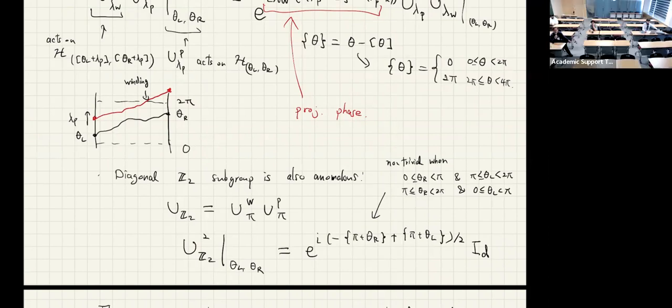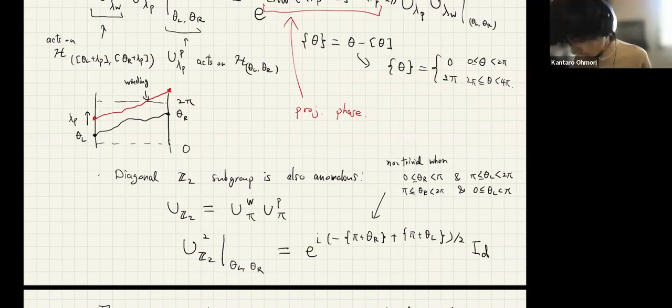Can you describe it pictorially in your figure there? Yeah. Particularly this is a pi shift, and the figure is like the situation here. Let's say that this here is a pi.